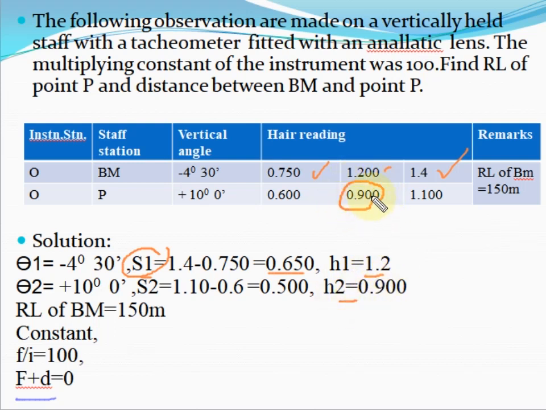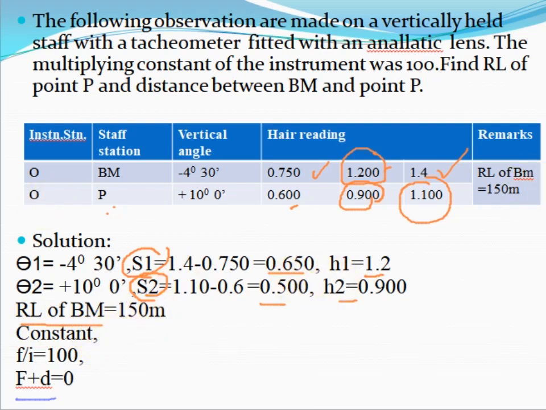This is the top reading over the point P when the staff is kept at P. So top reading minus bottom reading, 1.1 minus 0.6, gives the second intercept S2 as 0.5. In the problem the RL of the benchmark is also given, that is 150 meters.